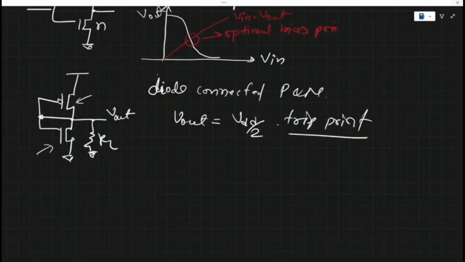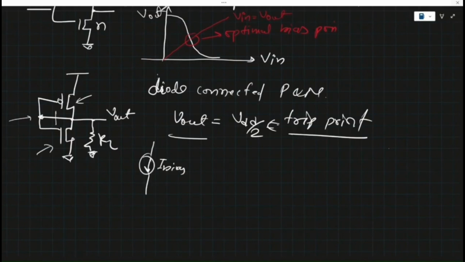Now the problem with this structure is that we cannot apply input, right? So how can we isolate the V output and V input? There is a structure called drain feedback biasing for the MOS. What is it exactly?